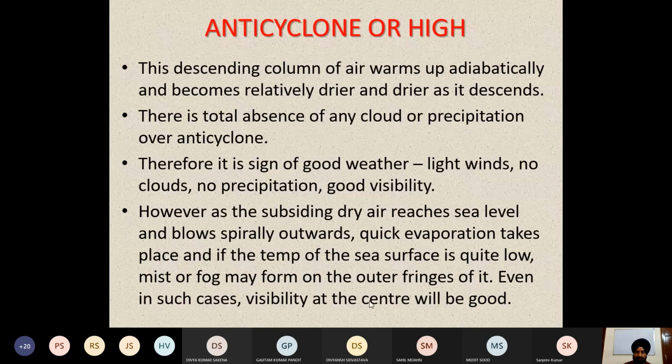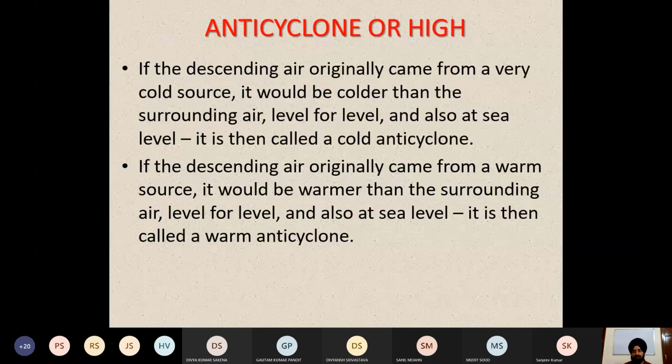And if the descending air originally came from a very cold source, now of course we know it is again the different air masses where this air is moving, if this descending air is coming from a very colder region, we call it a cold anticyclone, and if the descending air is coming from a warm source as compared to the surrounding air, then we call it a warm anticyclone.